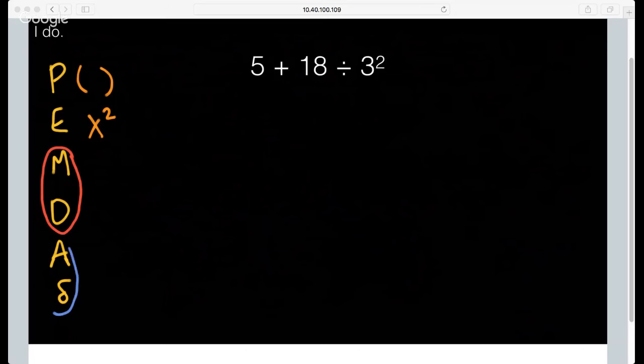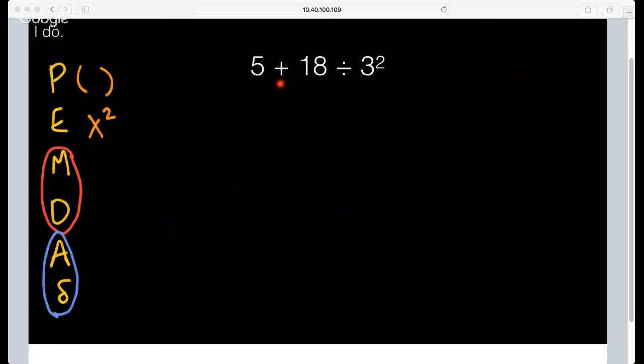And lastly, add and subtract, whichever comes first, going left to right. We'll do examples so you can see these. But just to point out, there are really only 4 steps in the order of operations: parentheses, exponents, multiply/divide, add/subtract.